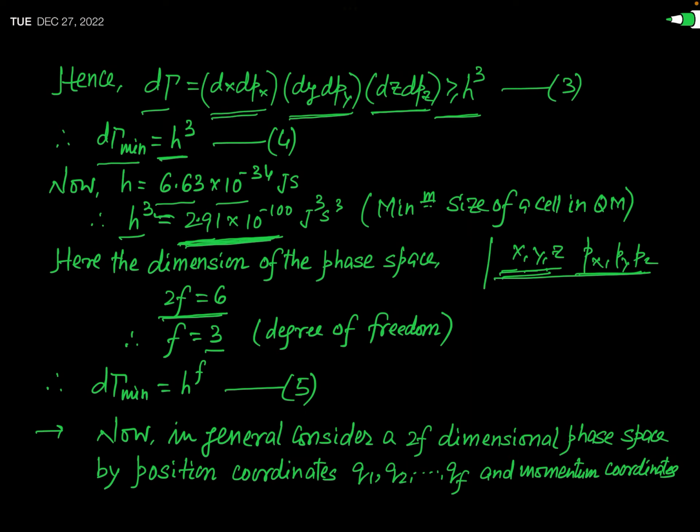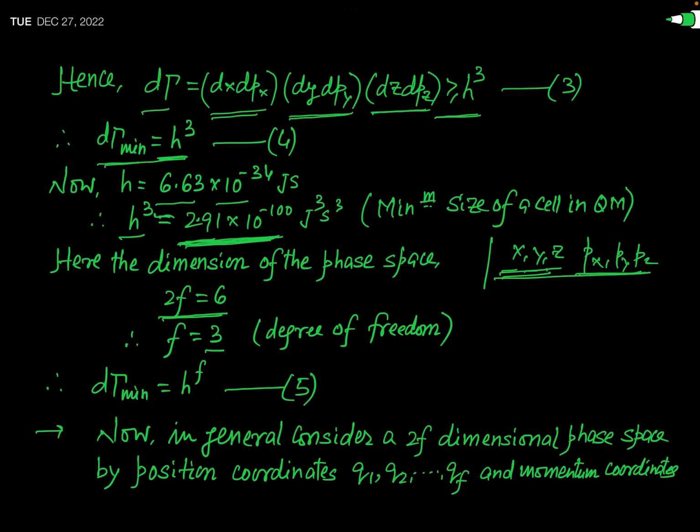And as you can see, the minimum volume of phase space is equal to h cubed, so this power 3 is simply the degree of freedom of our system.